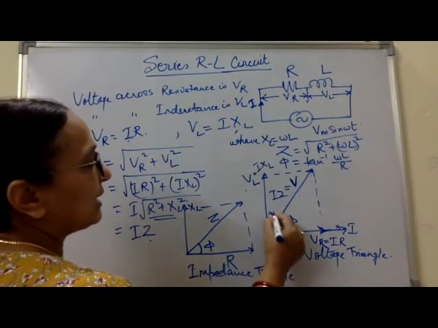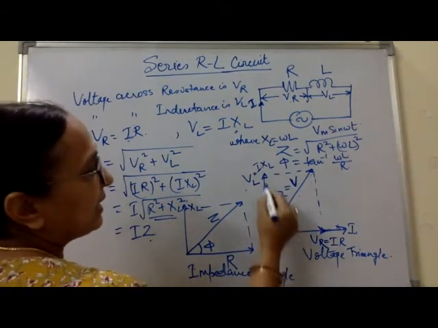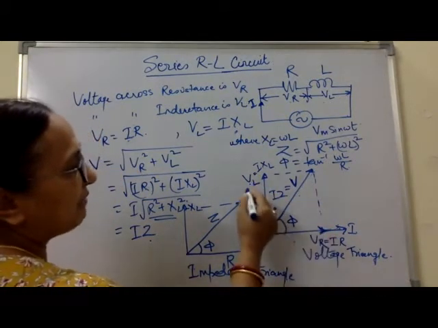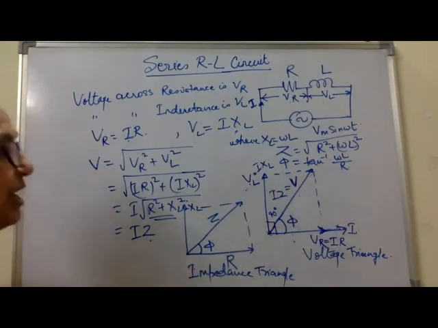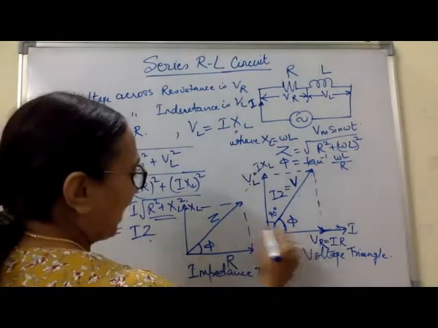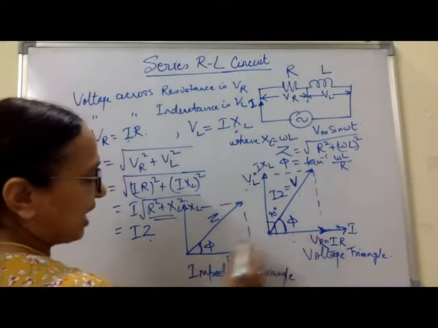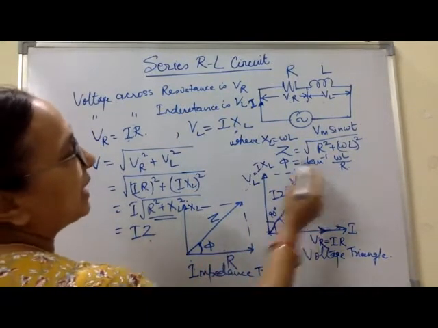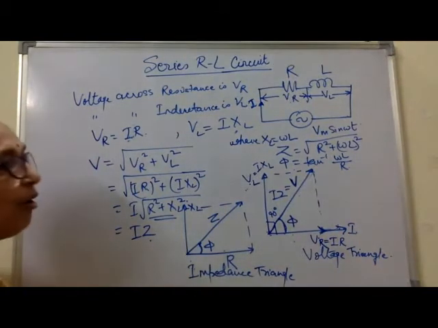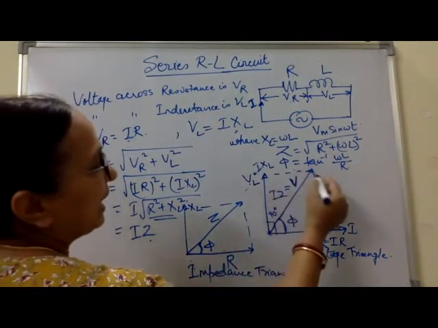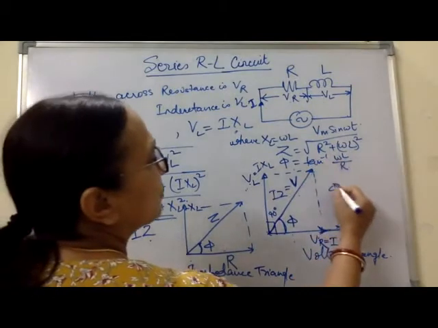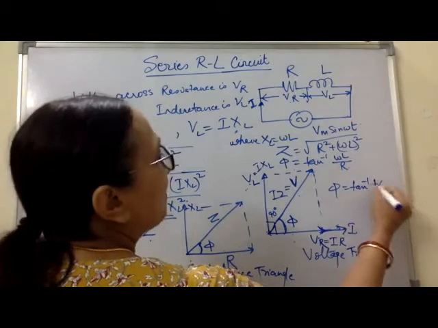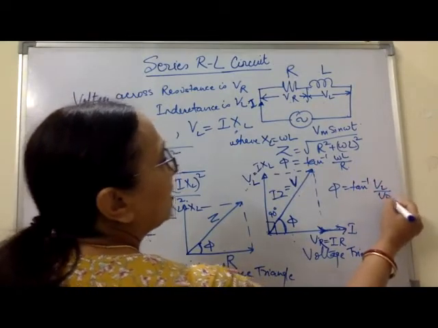So this total is 90 degree, and the resultant of VR and VL, that is the phasor sum of VR and VL, will give you the total voltage V. And this phi for the voltage triangle and the impedance triangle is the same, which is given by the tan inverse of omega L by R, or you can also say this phi can be equal to tan inverse VL by VR.